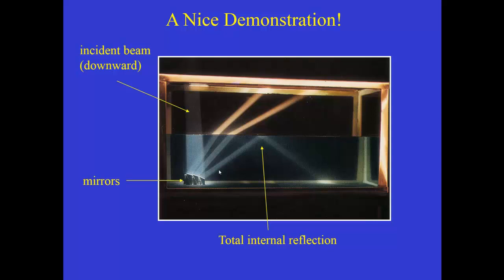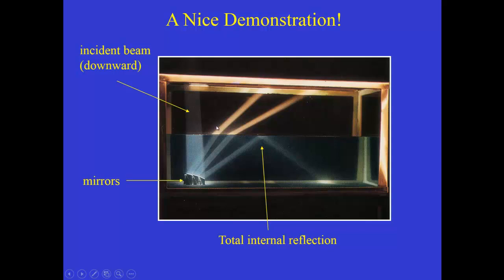Now here's a nice demonstration where we have a light shining into a partially filled aquarium from the top. So the incident beam is downward, as indicated here, and it hits the surface of the water, and then underwater there are three different mirrors. So the light hits all three mirrors and produces three different beams that make different incident angles with the water-air interface.